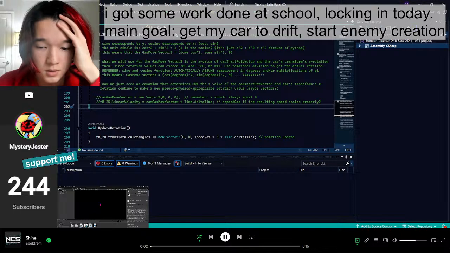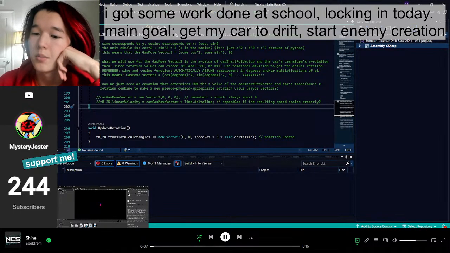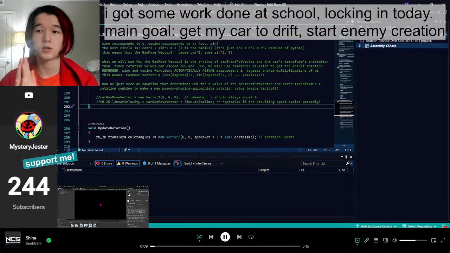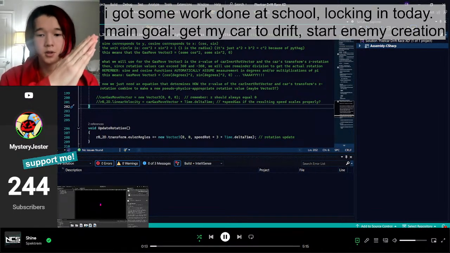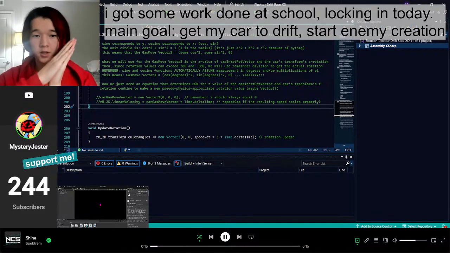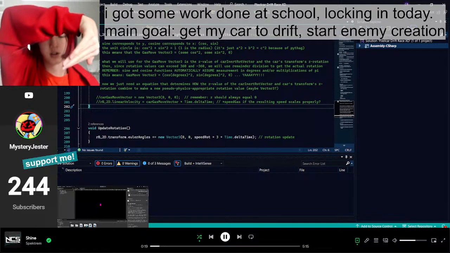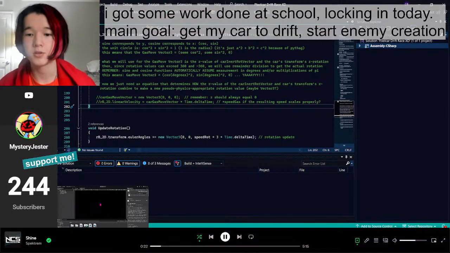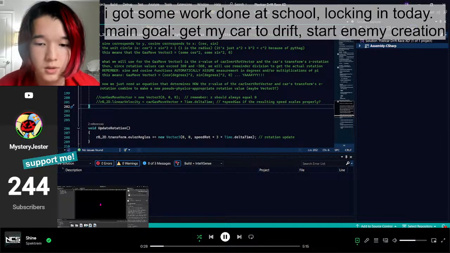Basically what that means is, transform dot position goes solely off of the car's given rotation in a given instance, which is not what I want, because I want it to drift, which means that if it's drifting, it can be rotating and moving in a direction that it's not pointing at. So instead, I'm going to be using a vector 3 as a completely separate thing, and then I'm going to be using math to determine which direction it goes in.